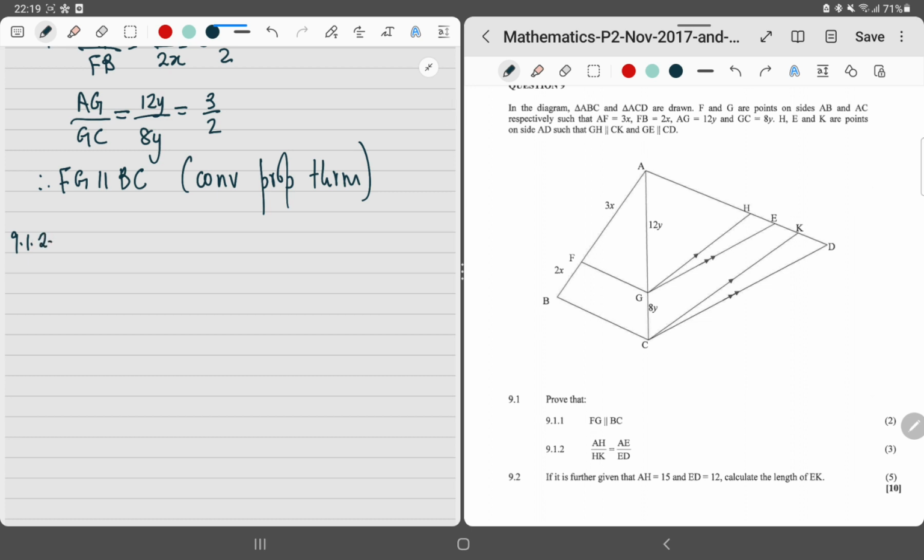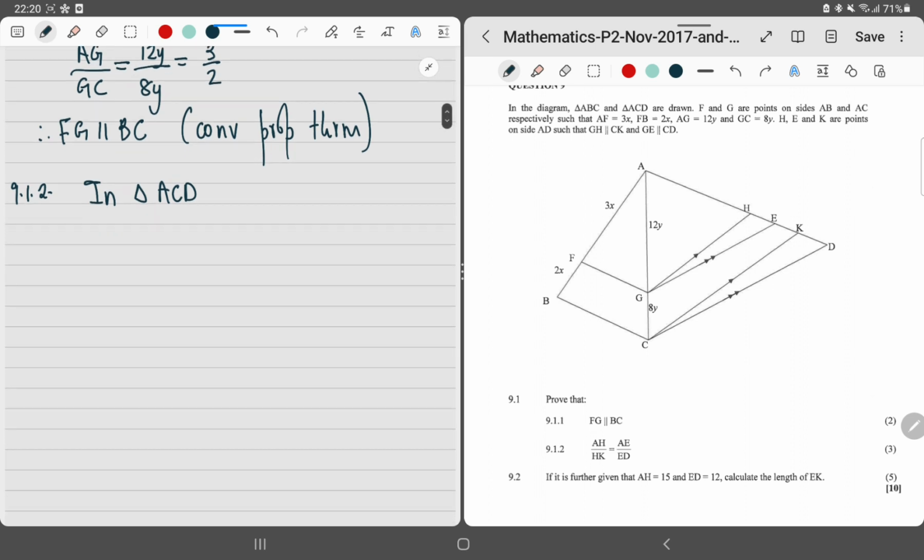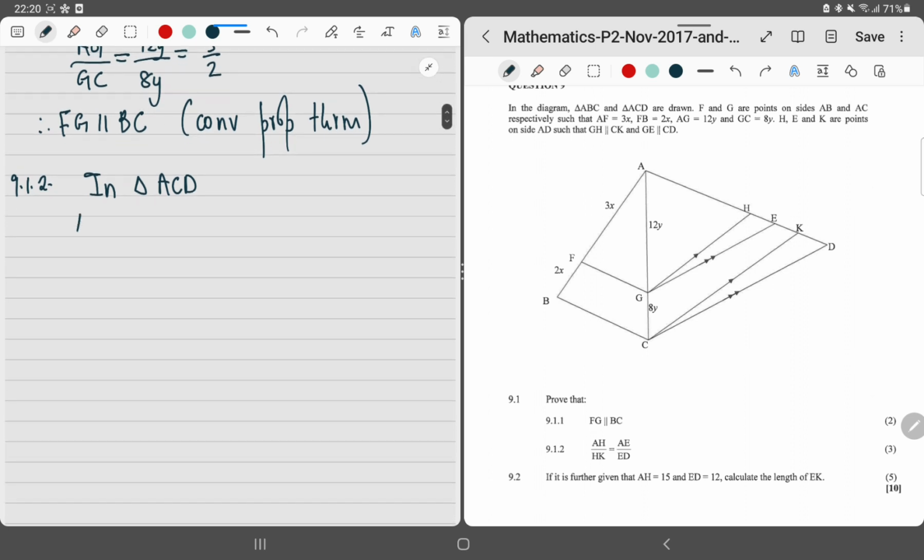9.1.2. Prove that AH over HK is equal to AE over ED. So in triangle ACD, AG over GC is equal to, so AG goes with AH over HK.